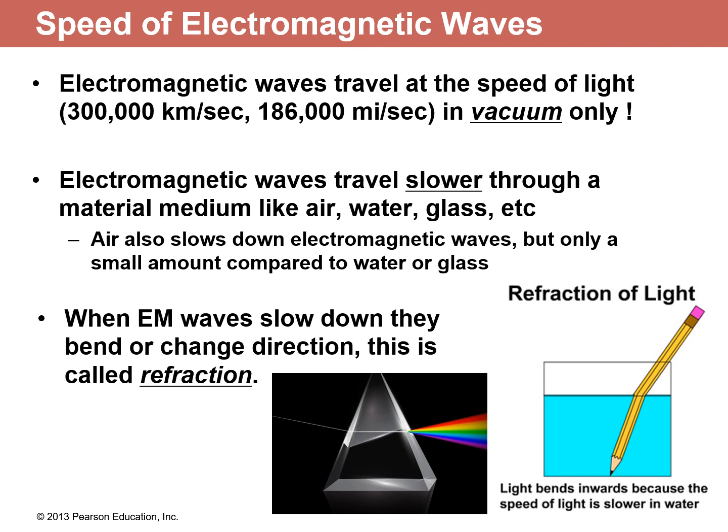Okay? But if an electromagnetic wave has to travel through something like air or water or glass, it slows down. It travels its fastest, that 186,000 miles per second, only in a vacuum. It actually slows down when it goes through air, water, or glass.